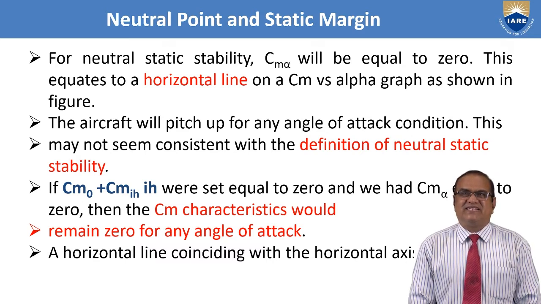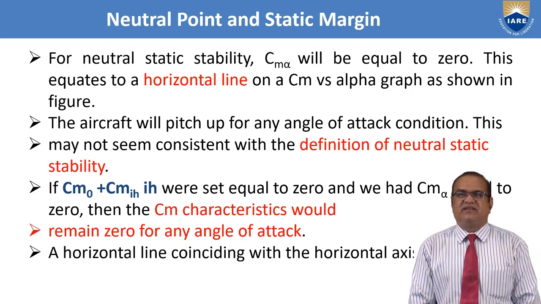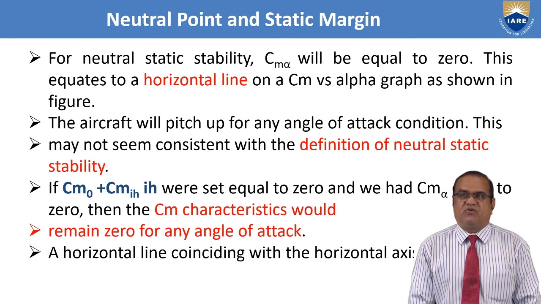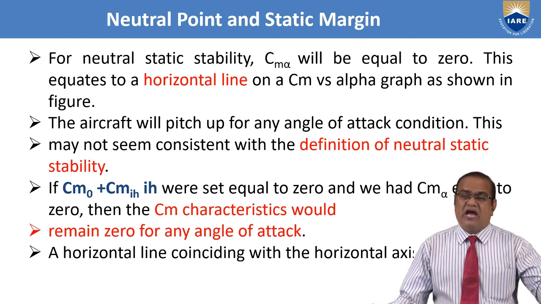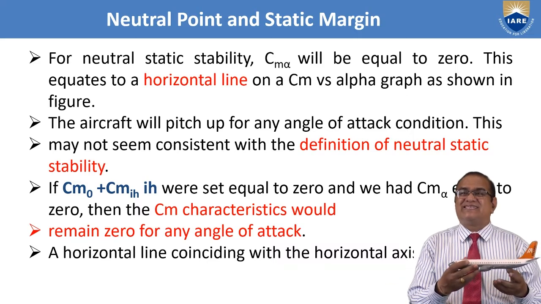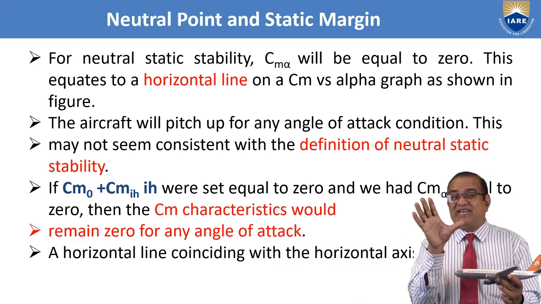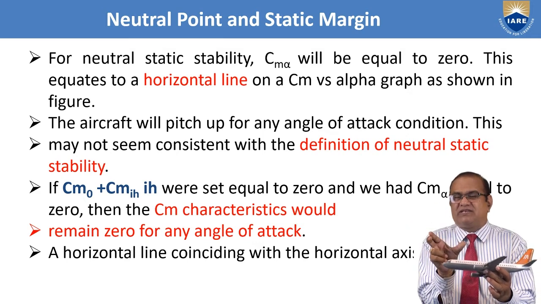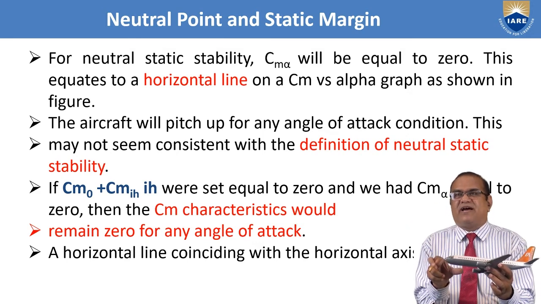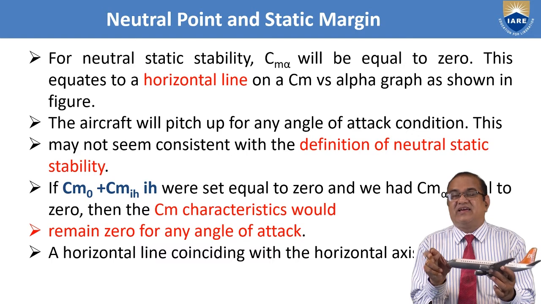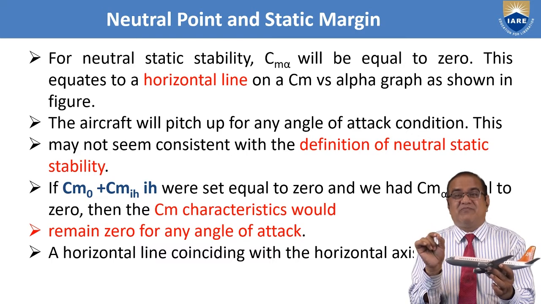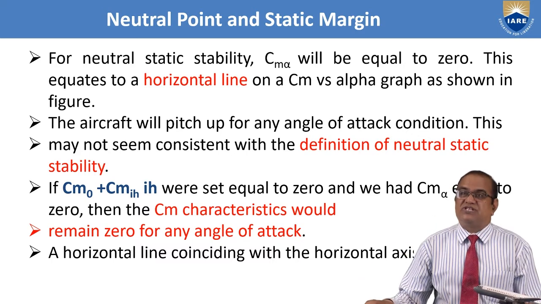I can say here that for neutral static stability, Cm alpha will be equal to 0. Cm alpha means the variation of the coefficient of moment with respect to the variation of the angle of attack. If this is 0, dCm by d alpha is equal to 0.